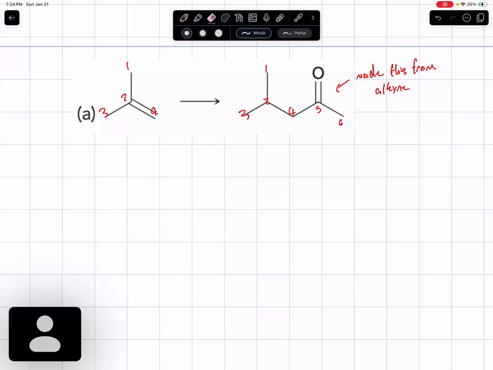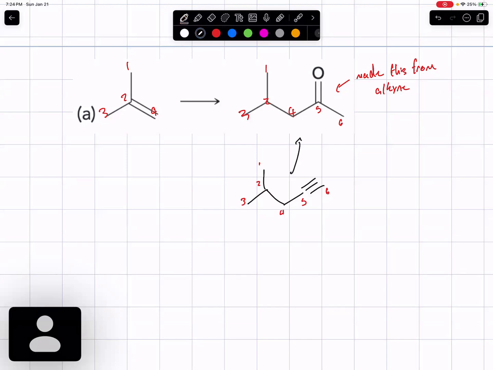That alkyne would look something like this. It doesn't have to be perfect, but now let's count: 1, 2, 3, 4, 5, 6. Cool. We started from an alkyne. Great.